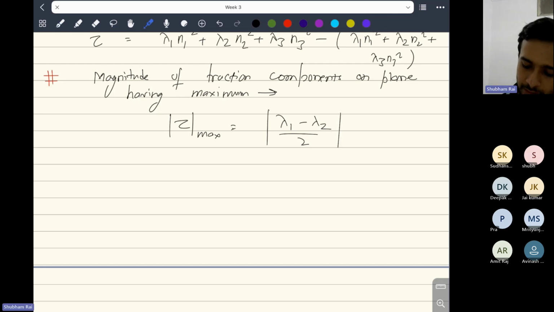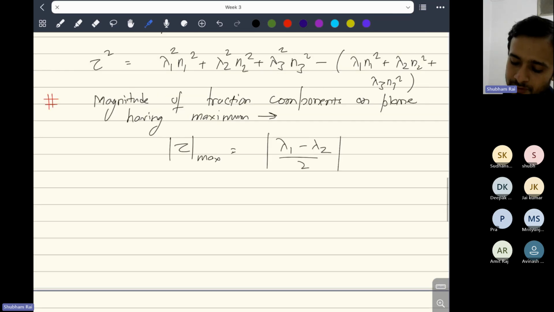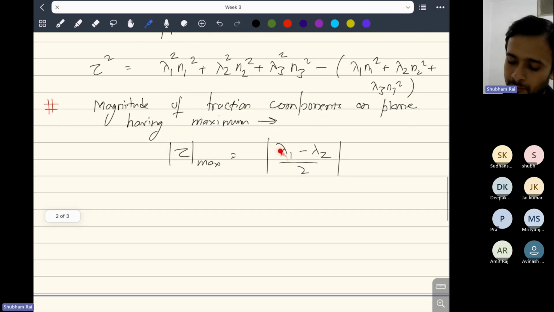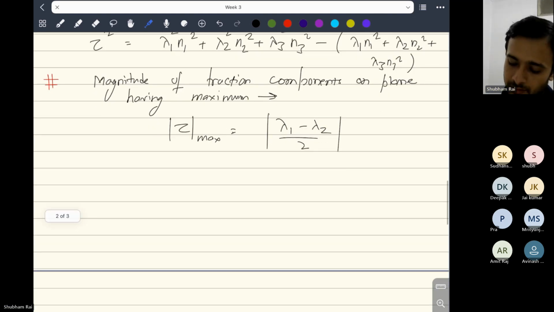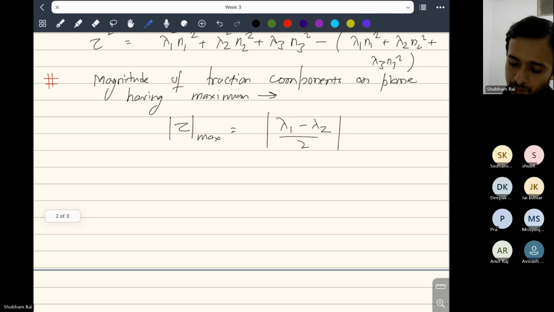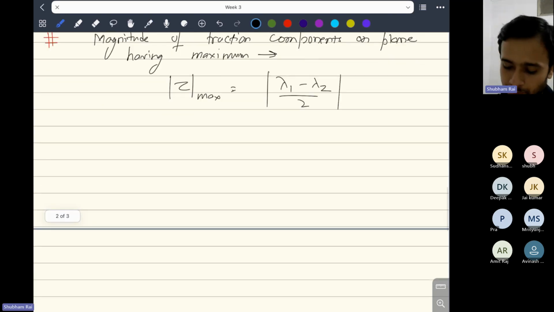Let's say this is the plane whose normal vector is perpendicular to the third principal direction. There you will have two principal stresses, lambda 1 and lambda 2, and the maximum shear in that plane will be given by this one. So it will be the first principal stress minus the second principal stress divided by 2.